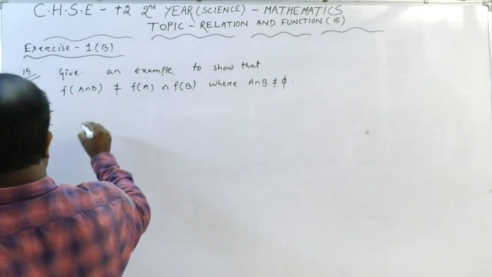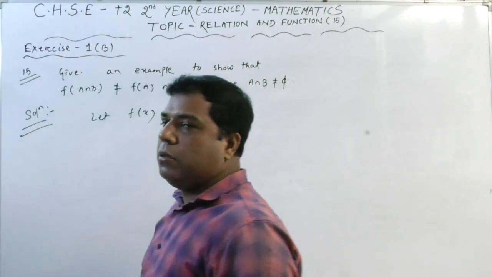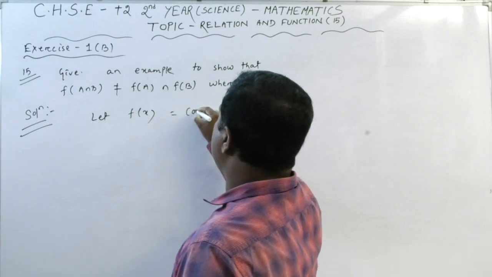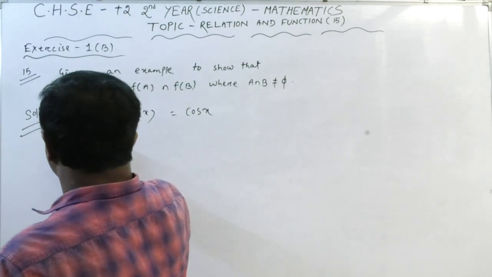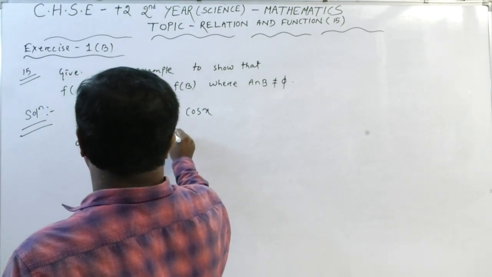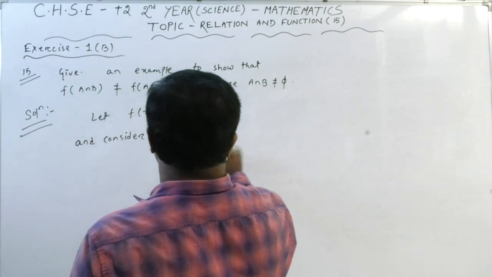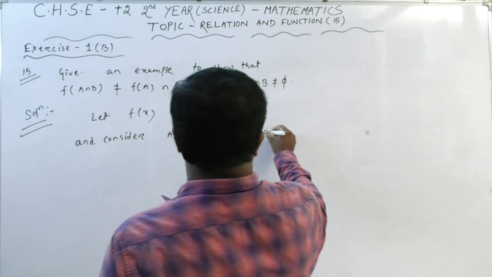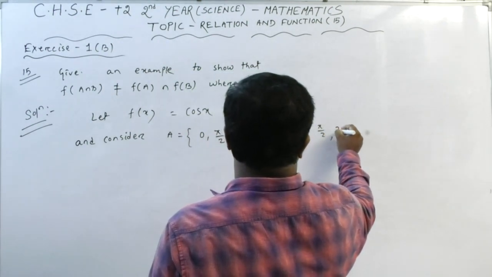Suppose we take f of x equal to cos x. Clear? And consider two sets, A equal to {0, pi by 2}, consisting of two elements, and B equal to what? Suppose it is {pi by 2, 2 pi}.